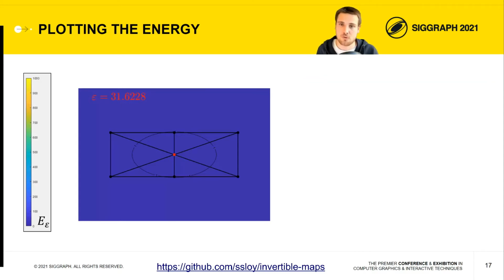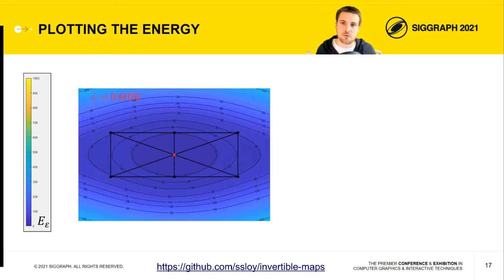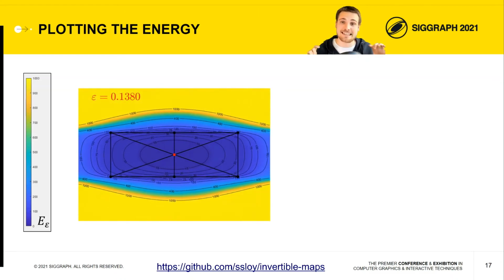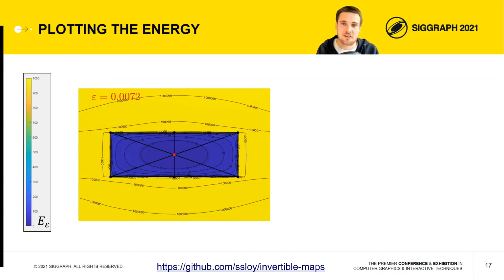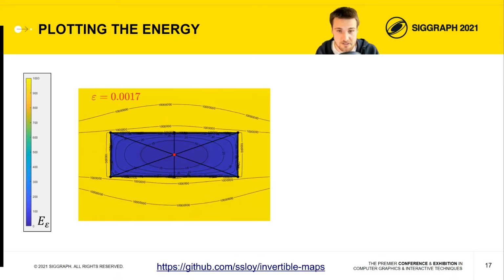If the value is blue, we will be quite happy, the solver will be happy, but if the energy is yellow, it will try to converge to a blue position. We plot the energy here for a value of epsilon, but we can take this epsilon and slowly decrease it to see how it will behave. We can see that slowly the blue values are going inside of the mesh, meaning that it is where the elements are not inverted.